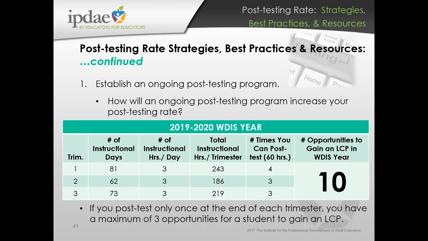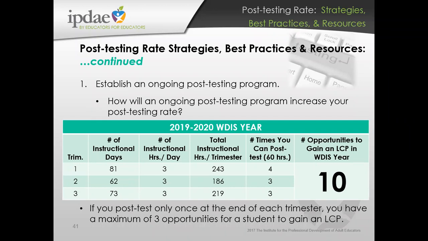When we divide 186 by the recommended number of instructional hours, 60 in this case, we see that in trimester 2, a student can test up to 3 times. In trimester 3, a student can test up to 3 times as well. So, overall, when we look at the entire 2019-20 WITIS year, as represented here, a student can have up to 10 opportunities to post-test and earn an LCP.